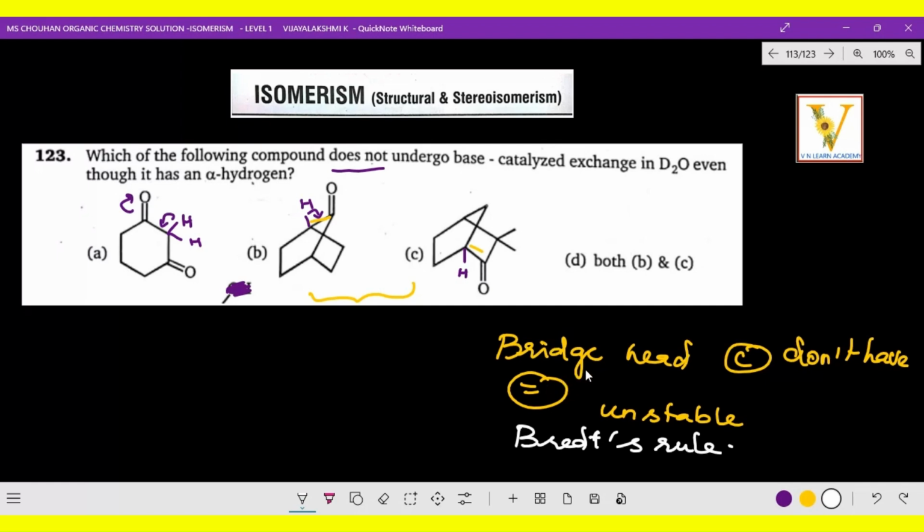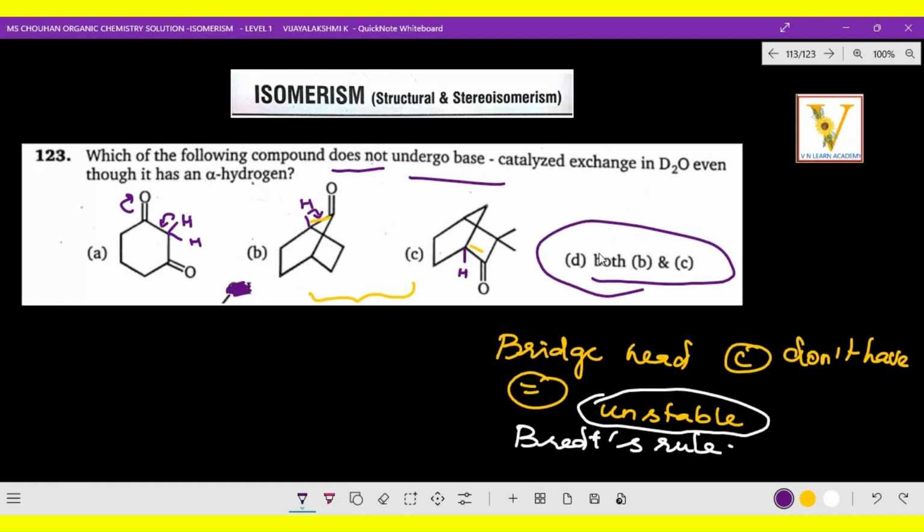If a double bond were possible, it would be unstable, so 100% this is unstable. So these are the two compounds that do not undergo tautomerization with exchange of D2O. So B and C both are correct. I hope you got the clarity why B and C do not undergo tautomerization: because the double bond at a bridgehead carbon would be unstable, that is the bridgehead rule. Hope you got the clarity. Come on, let's go to the next question.